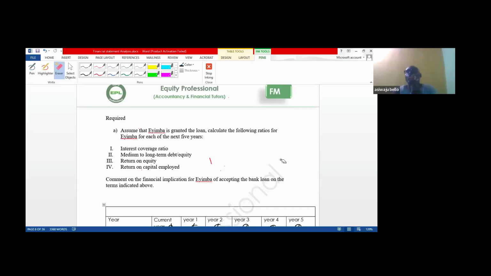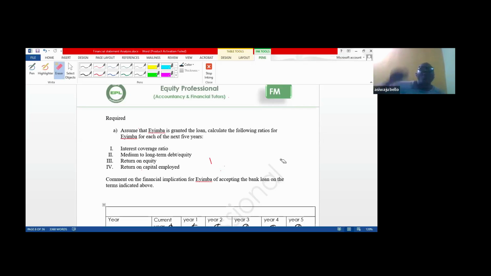If my company should collect $100,000 loan, and every year we are going to pay $25,000 loan, my concern will be, will my company be able to repay this loan every year?